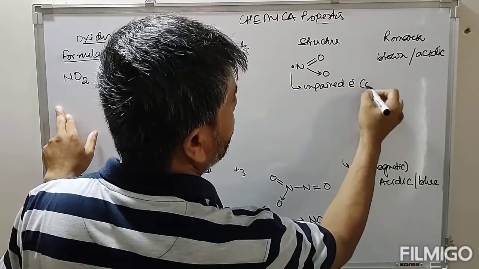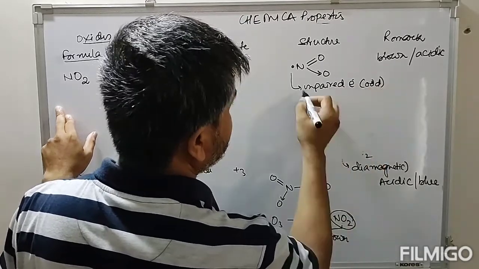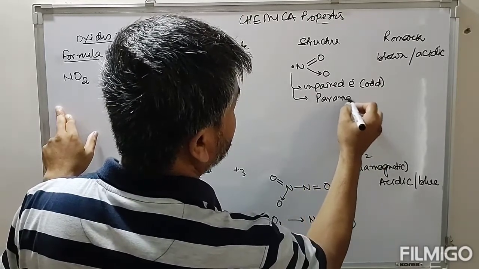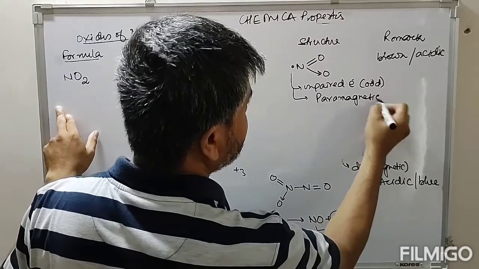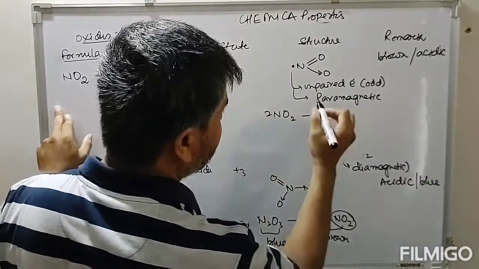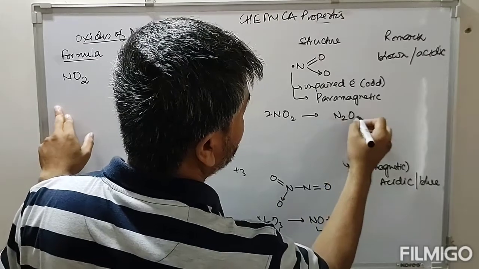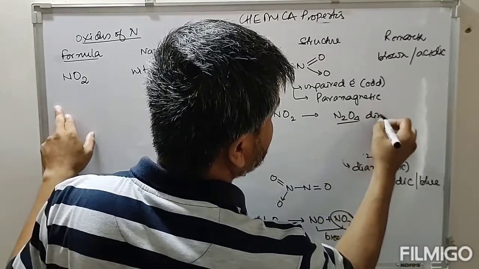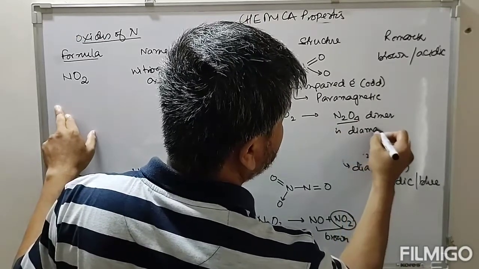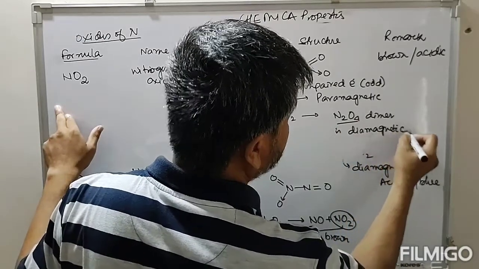Unpaired electron means an odd-electron species. Because of this, it is again paramagnetic in nature. So this undergoes dimerization to give you N2O4. So this is the dimer, and the dimer is diamagnetic because it doesn't have an unpaired electron.